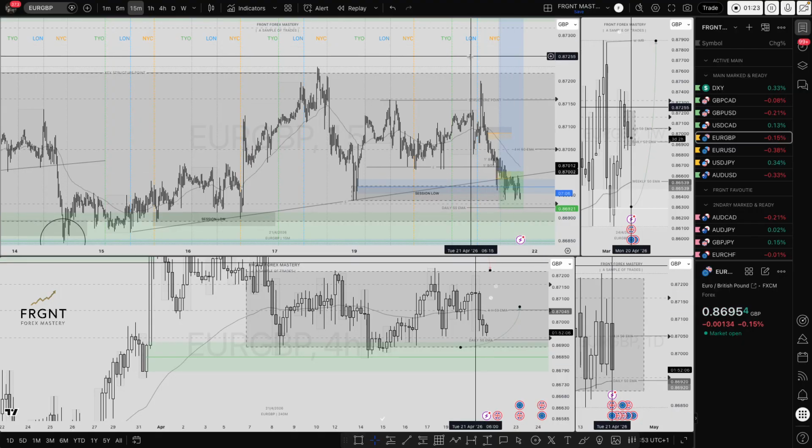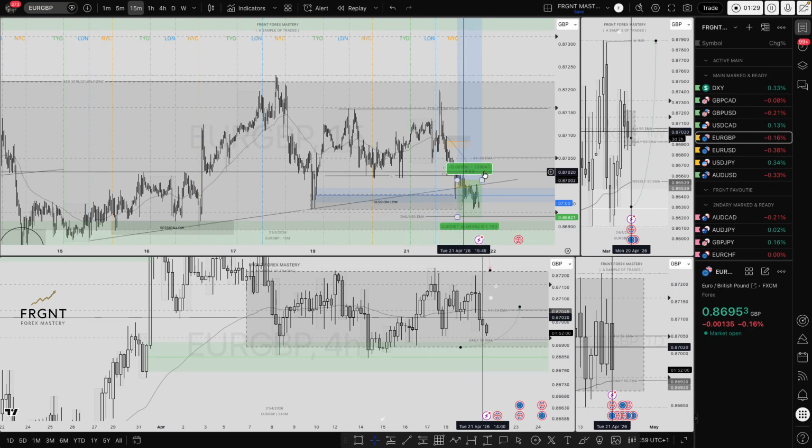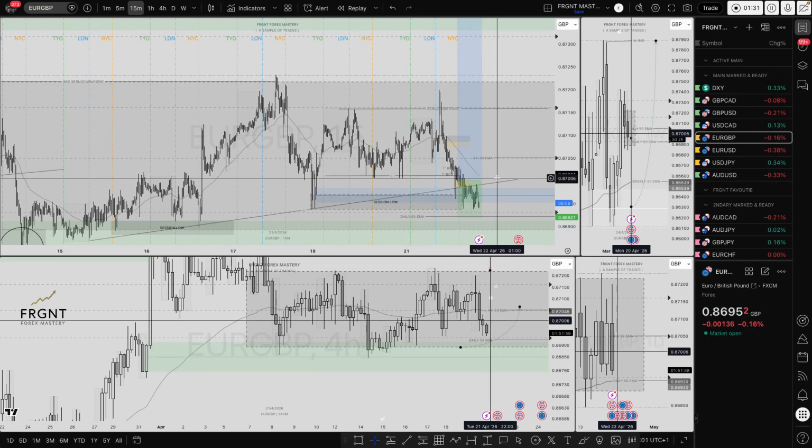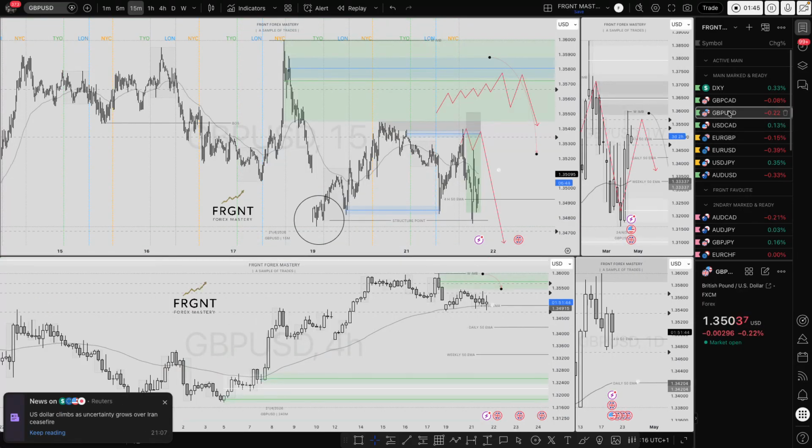I figured the long position made a lot of sense, or even in addition, I should say, as a result of anticipating that pound weakness, i.e. the DXY strength coming in, and forecasting that the euro was slightly stronger than the pound based on how we're viewing GU and EU.